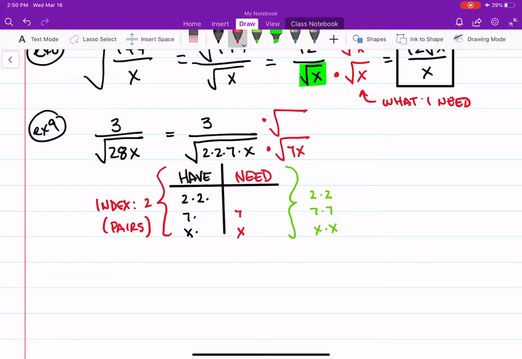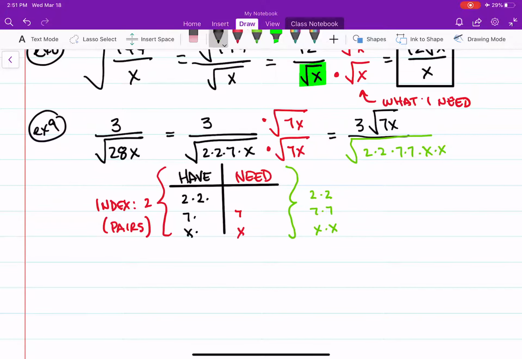That definitely doesn't look like 7x, huh? All right. So what do I have? So the top I have 3 square root of 7x. And on the bottom, I have the square root of 2 times 2, 7 times 7, x times x. All right? Because the green is what I would multiply the black and the red with to get that.